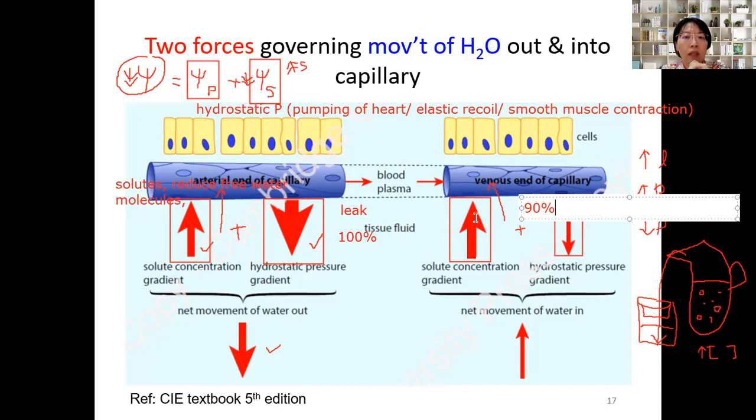So that causes water to flow back into the blood plasma due to the large protein. The large protein cannot flow out, therefore increasing the concentration of blood plasma here.